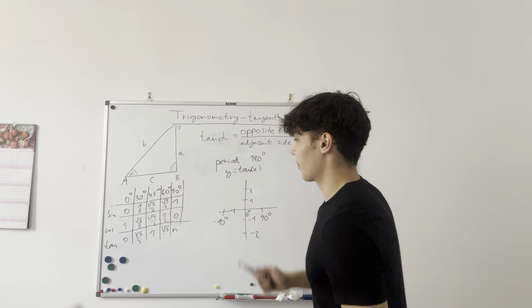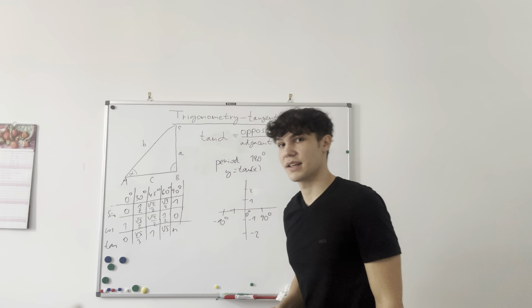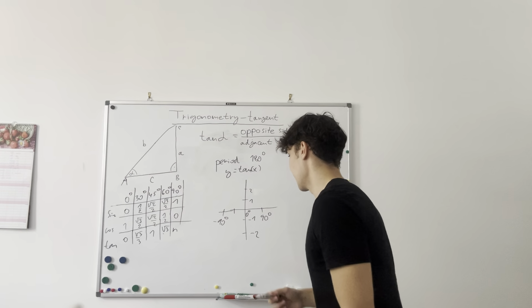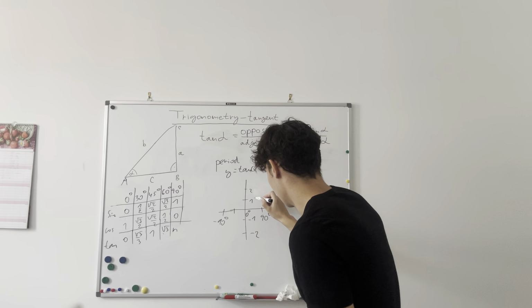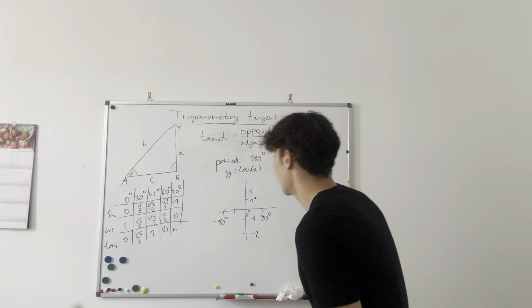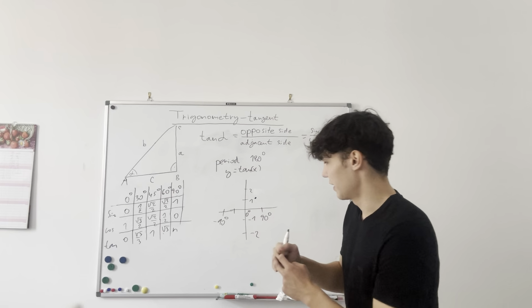I'm going to start with, for example, 45 degrees. For 45 degrees, it's going to give us 1. So given that we are here, it goes here, right? Now, given that here it's negative, it's going to go down.